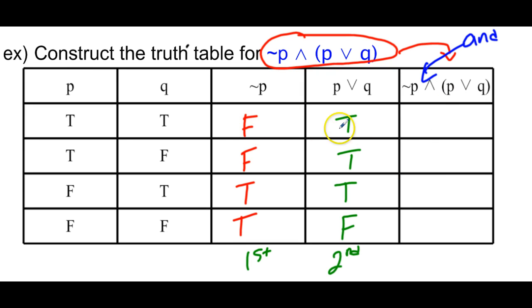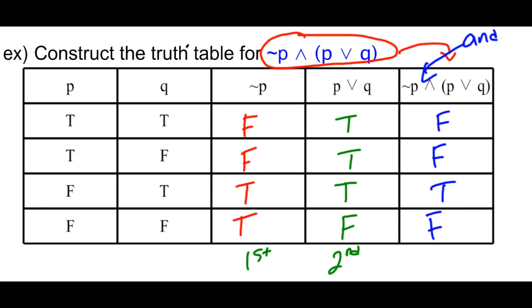So these are not true at the same time, so this is false. Not true at the same time, this is false. True at the same time, so this is true. Not true at the same time, so this is false, all right? This right here tells us if it's valid or not. And the way we know it is that if it is all true, then it is valid, or they call it a tautology. If it is not all true, then it's not valid, all right?